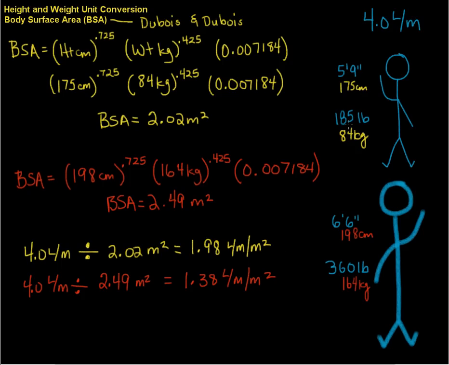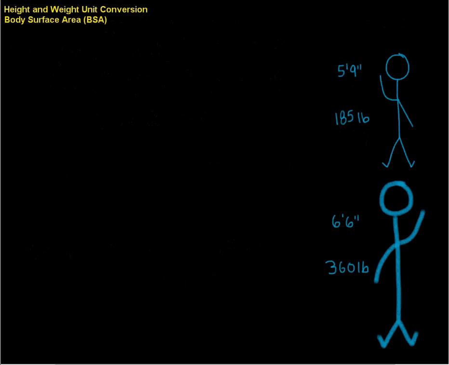And so it may be adequate for a person that's 5'9" and weighs 185 pounds, but it is most likely inadequate for somebody that is 6'6" and weighs 360 pounds. So that's body surface area, and that's unit conversions.